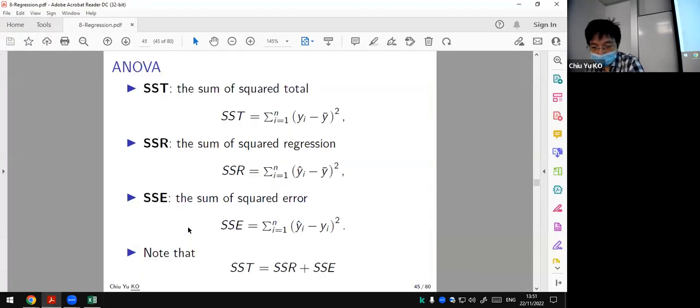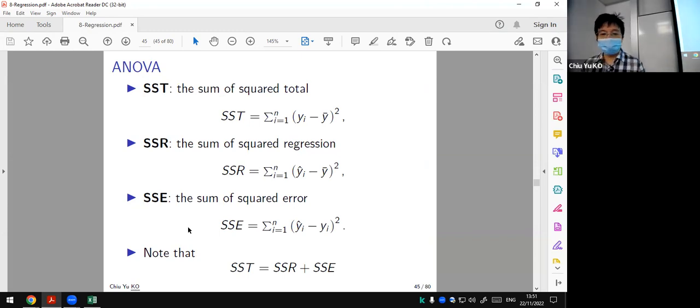Then, okay. So here we come to almost the second last part of our class, ANOVA. We do one-way ANOVA. And why is ANOVA there? ANOVA here is trying to see, we analyze the variance.